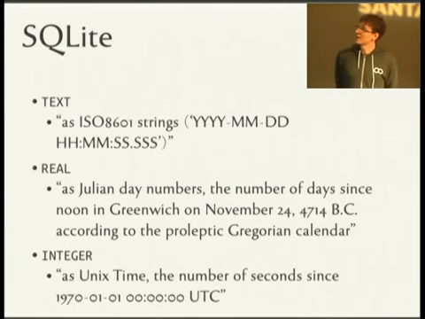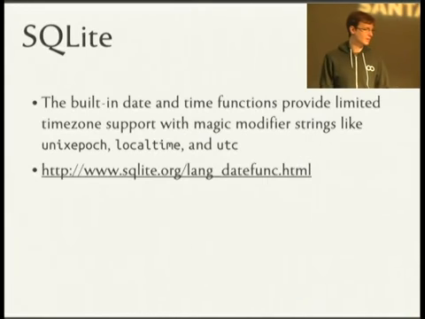And SQLite doesn't have a date type at all, but there are 3 base types that it supports for different kinds of date formats. Text for these naive ones, real as Julian day numbers, and integer as seconds since the epoch. So really, the first and the third ones look like the best options.